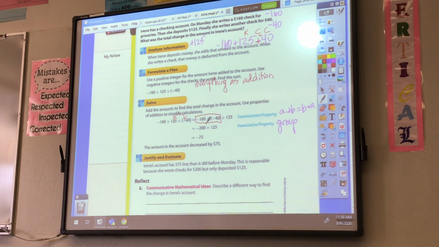So this is a trick. It's a hint, or it's a little trick to help you so that you're always adding same signs if you can. Then what they do is they group these two together, they put them together as a negative 200, they add the 125, and then they get the negative 75.